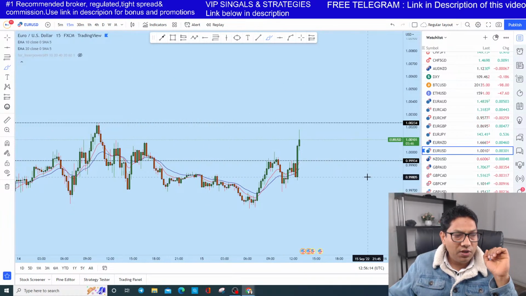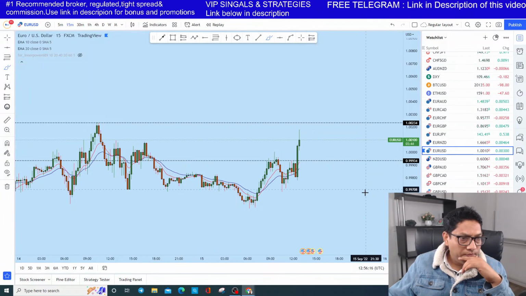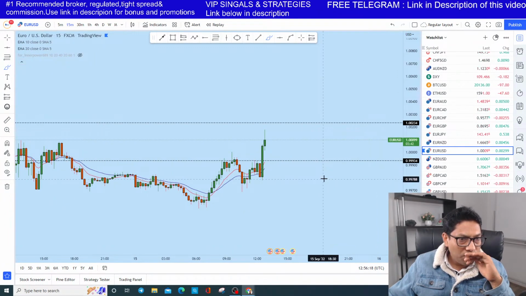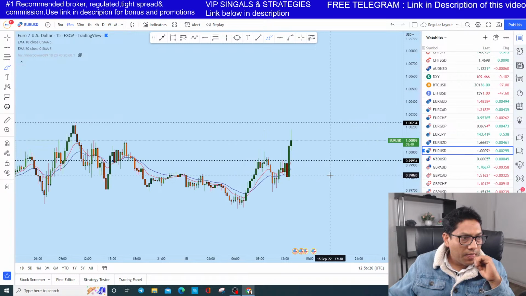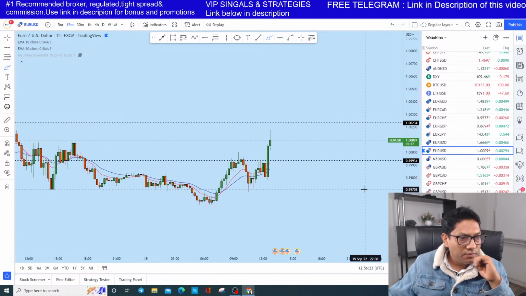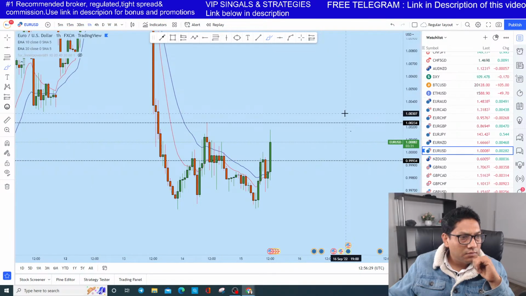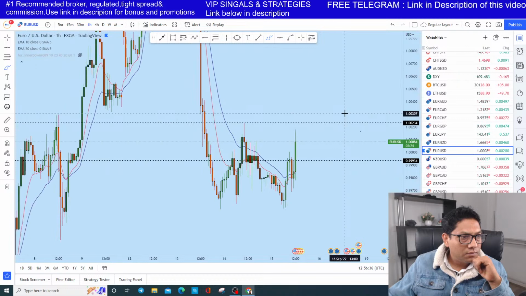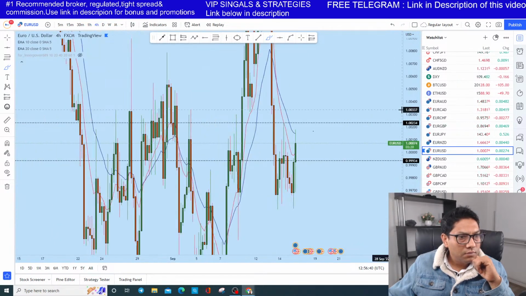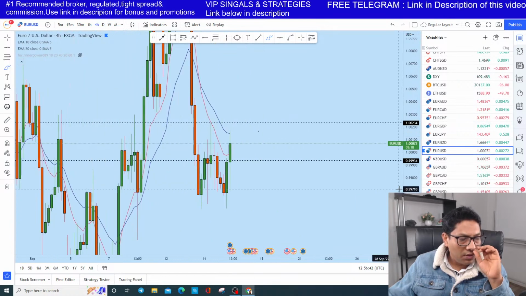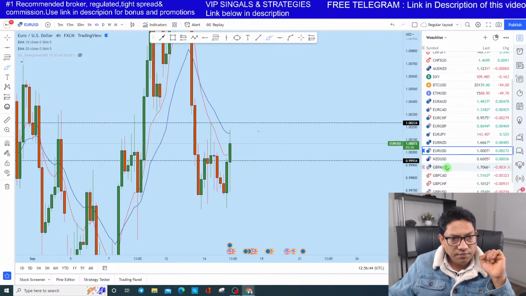So this is the 15 minutes candle on euro dollar, which is decelerating. Okay, as expected.